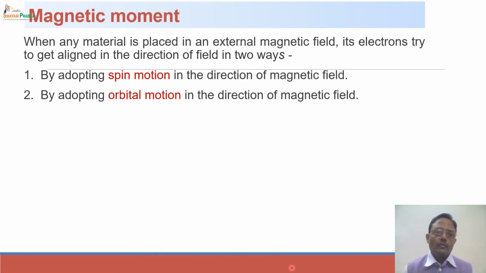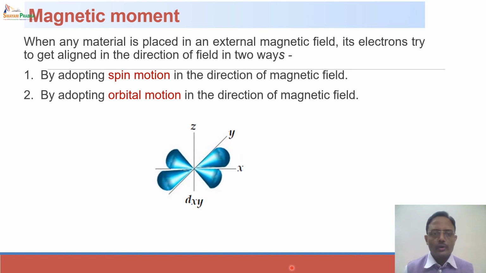The second way of aligning in the direction of the magnetic field is by adopting orbital motion in the direction of the magnetic field. Now how can the orbital motion be aligned? We know that electrons are orbiting in various orbitals. For example, an electron is present in, suppose, the dxy orbital. Now this dxy orbital is in the xy plane and there is no z component in this orbital.